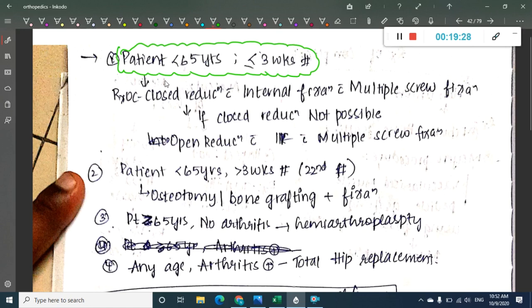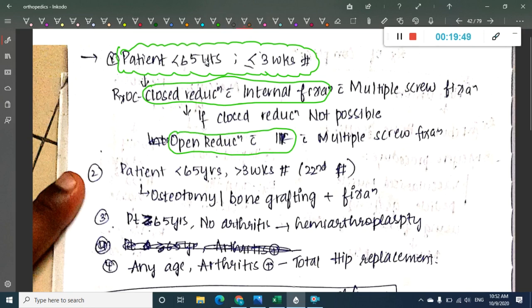In that case, closed reduction with internal fixation with multiple screws can be planned. If in any case closed reduction is not possible, then you can do open reduction with internal fixation with multiple screw fixation.